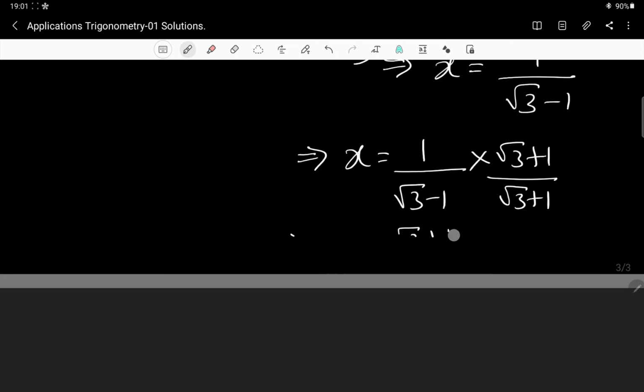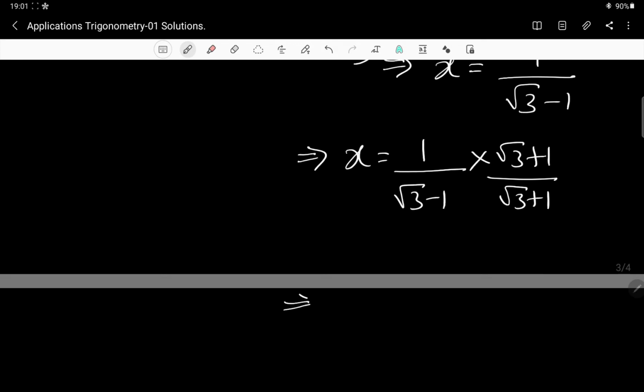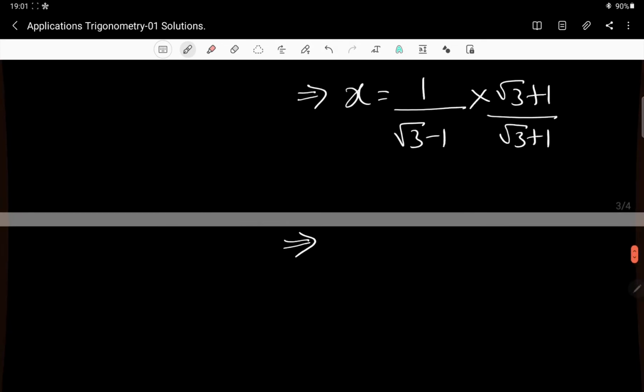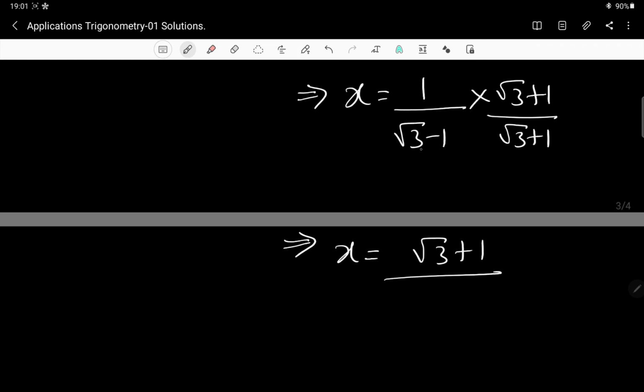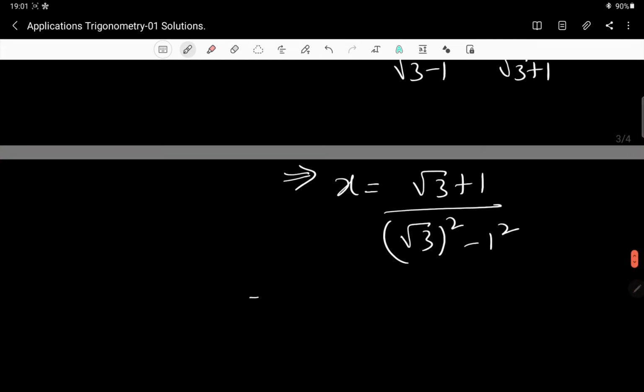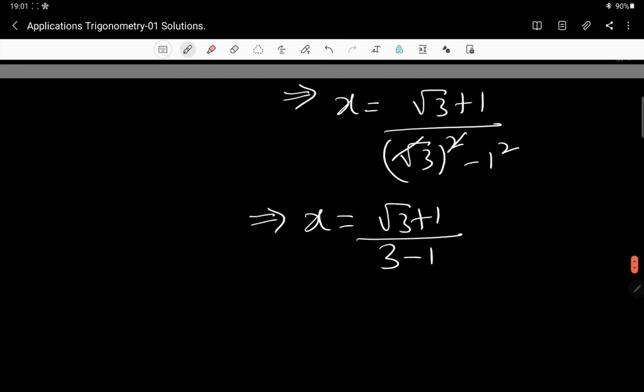All right, let me write it on the next page so that it becomes quite simple for you to understand. x is equal to root 3 plus 1 divided by, it is a minus b into a plus b, that is going to be a square minus b square. Then x is equal to root 3 plus 1 divided by 3 minus 1. Square and square root get cancelled, no?